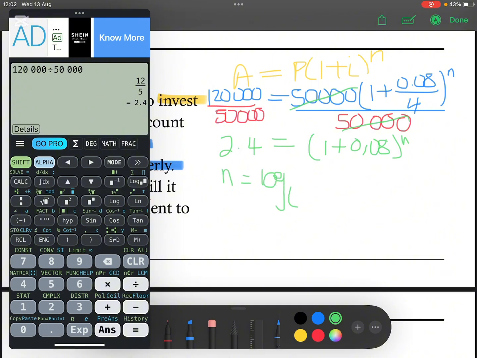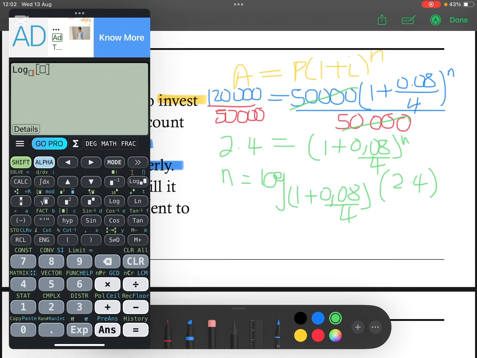Then our n will be log the base, which is 1 plus 0.08 divided by 4. Then you close the brackets, then we'll have 2.4. And use your calculator there. Then let's see how long will it take for your 50,000 invested to be 120,000. How long will it take to be that?